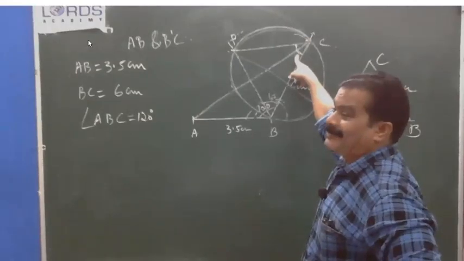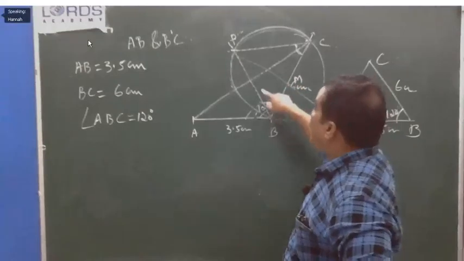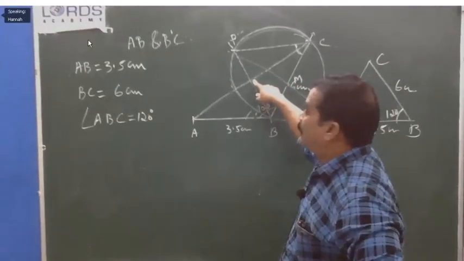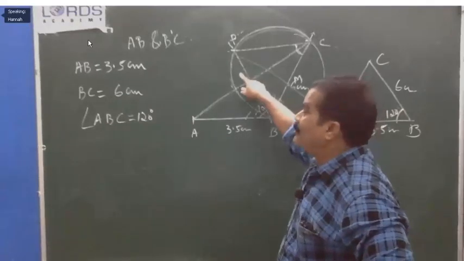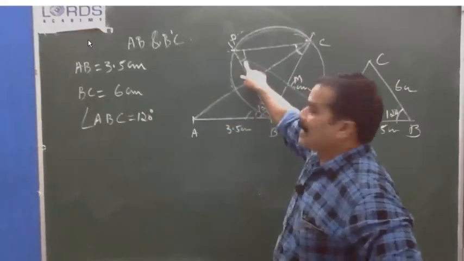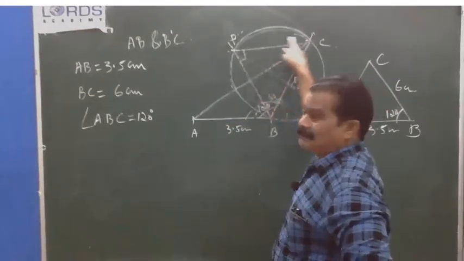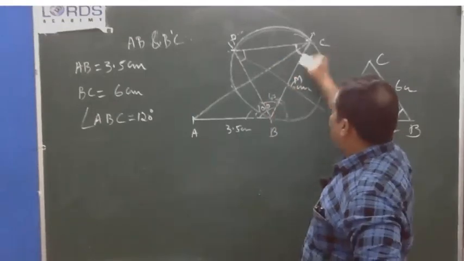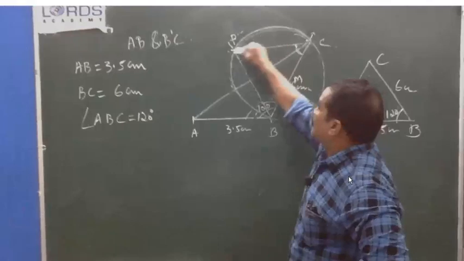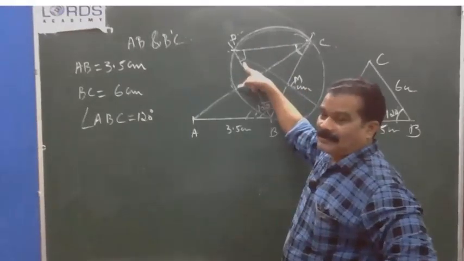Correct answer. Angle BPC will be how much? This is 90, because angle in a semicircle. This BC is a diameter. Angle in a semicircle is 90.